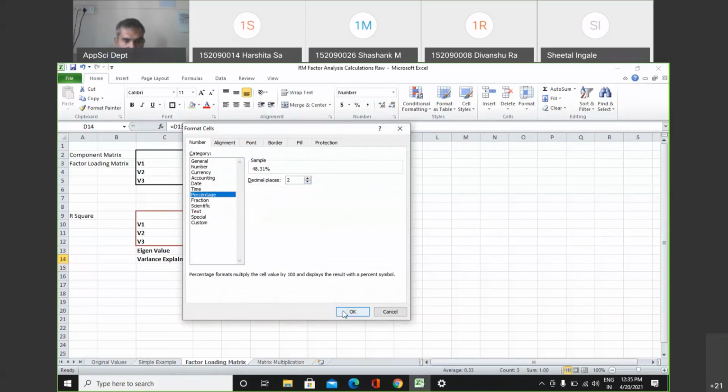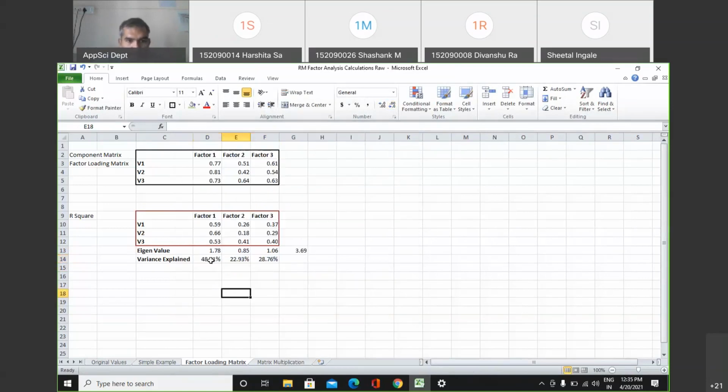We can keep two decimal places. So 48% is explained by factor 1. In the model, 48% of the variance is explained by factor 1, 22% by factor 2 and 28% by factor 3.